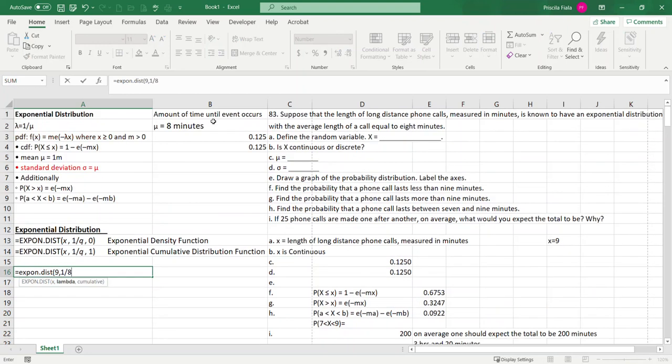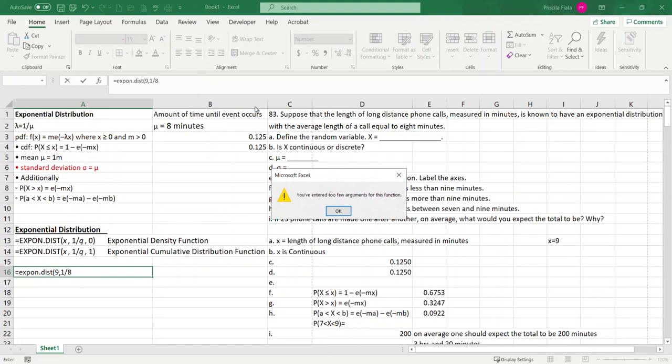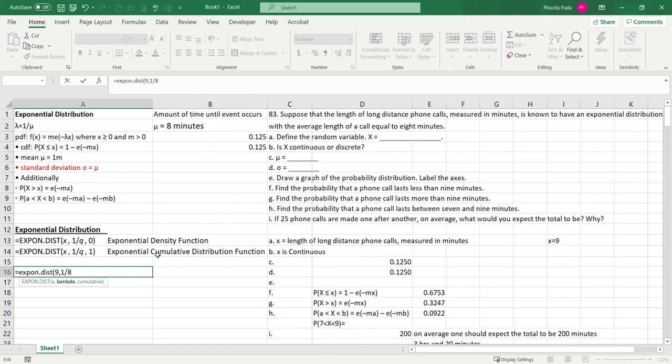Remember, from up here we did 1 divided by 8, which is my lambda, and then we're going to do true because we want everything up to 9. Okay, so all this that I did over here, all this formula over here, it's going to be as easy as using this formula over here.